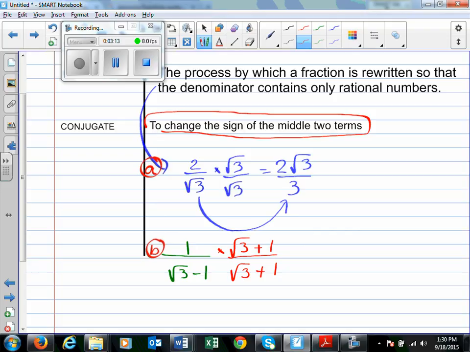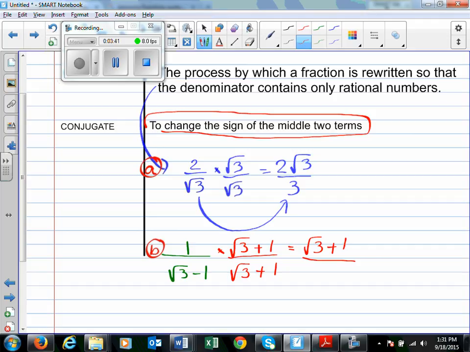So what happens over here, do you remember? Square root of 3 plus 1 divided by, what, all of them together, what is it? 3 minus 1. Remember it was a minus b times a plus b.